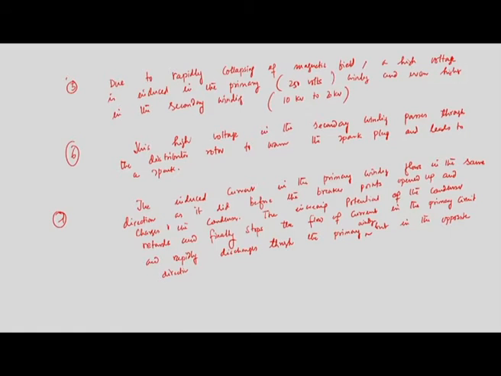While it is charging, the increasing potential of the condenser stops the flow of current in the primary circuit, and rather rapidly discharges through the primary winding in the opposite direction, and the rapid discharge of the condenser produces oscillations in the current flow in the primary circuit.